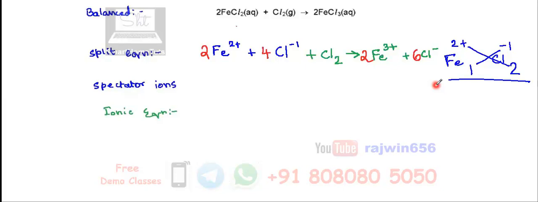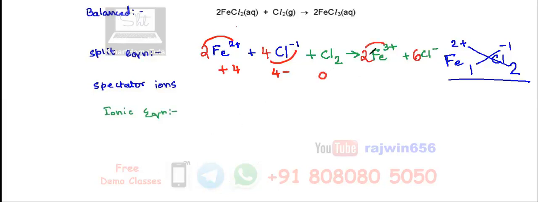Now how to balance these charges? What are the charges that I'm going to look into for multiplications? This 2 will get multiplied with +2, so the overall charge at this point is +4. This charge over here is 4 minus. For Cl2 the charge is 0.